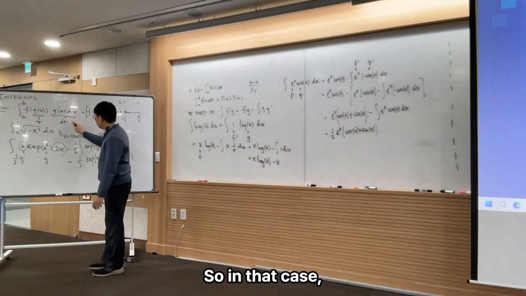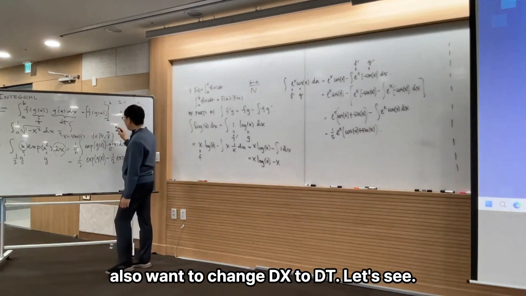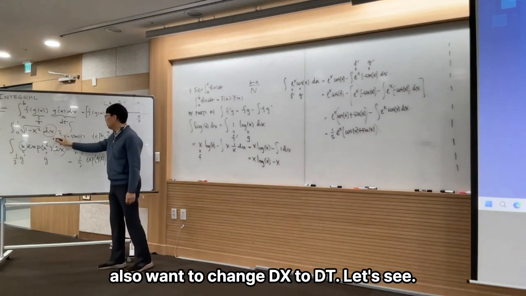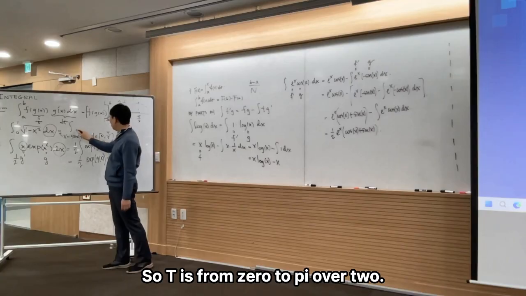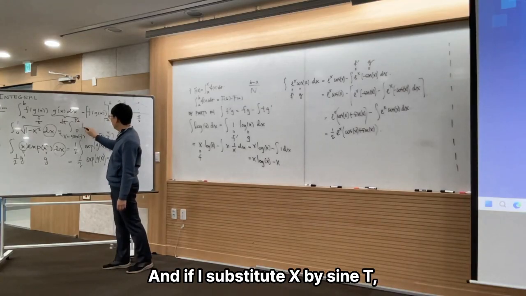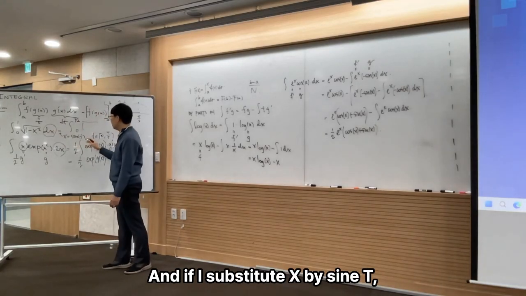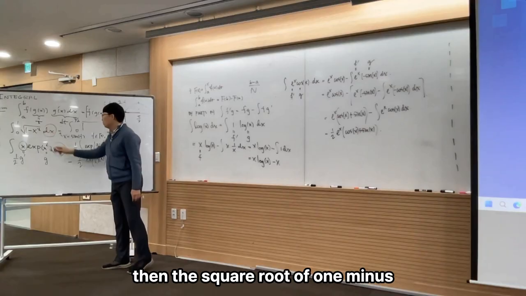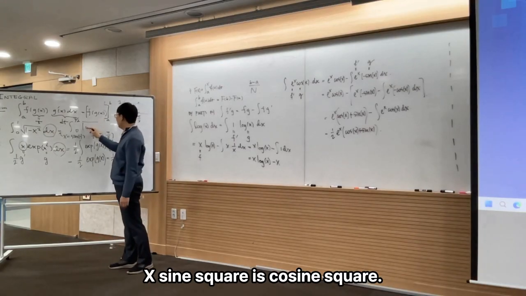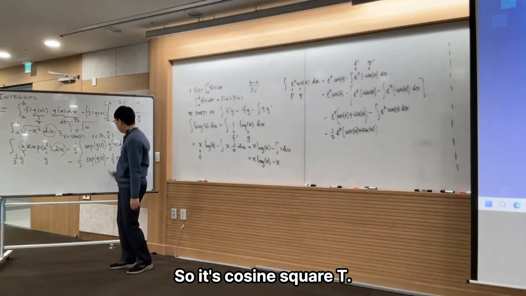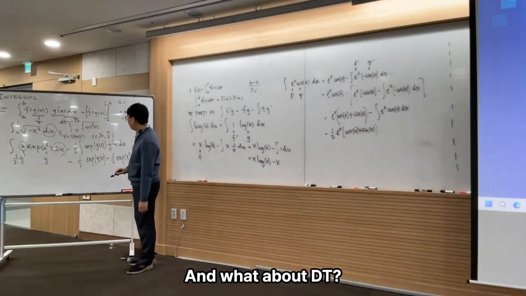So in that case, I also want to change dx to dt. Let's see. So t is from 0 to pi over 2. If I substitute x by sine t, then the square root of 1 minus sine square is cosine square, so cosine square t. And what about dt?